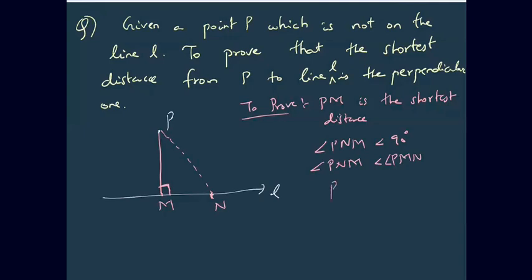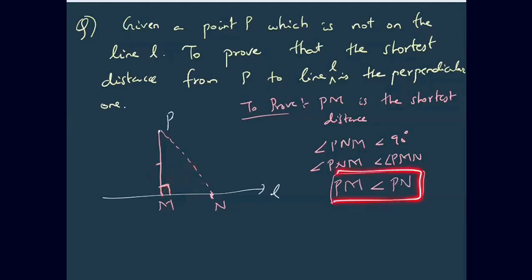So then I can say that PN is definitely greater. The side opposite to angle PNM is PM, whereas the side opposite to angle PMN is PN.